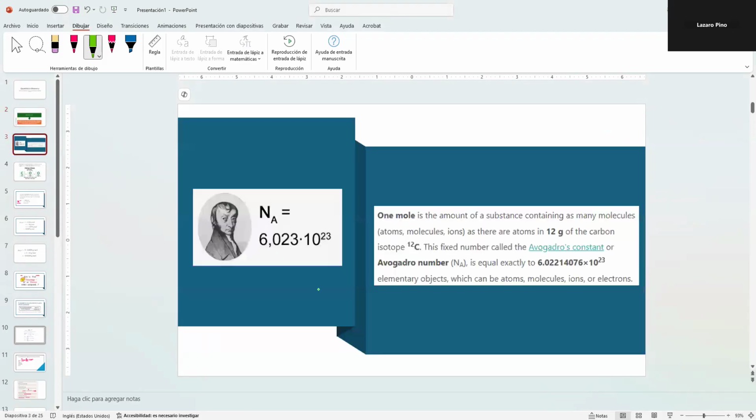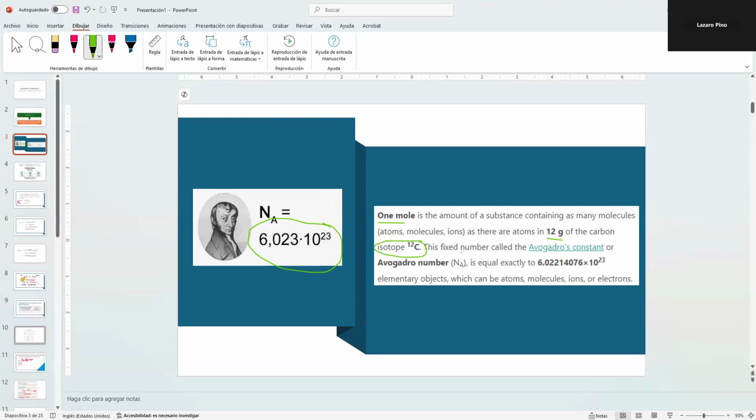What is a mole? A mole is this big number that we call Avogadro's number. This number is bigger than the number of pieces of sand in the Sahara Desert. As an example, 1 mole is assumed to contain 12 grams of carbon, the isotope carbon-12.